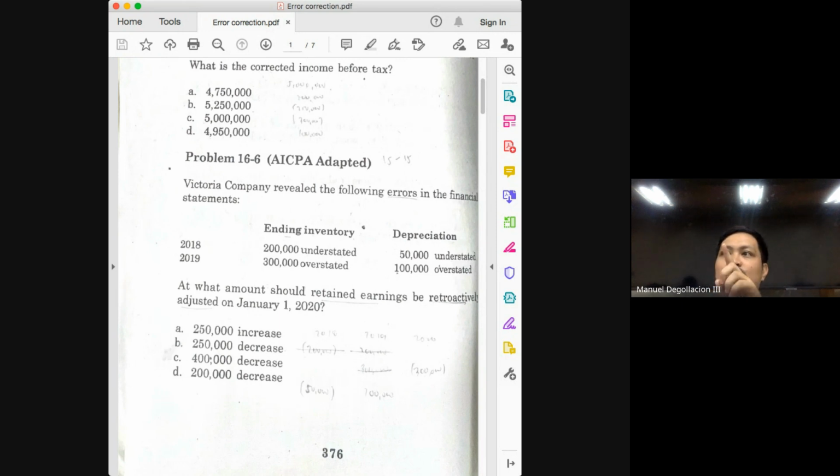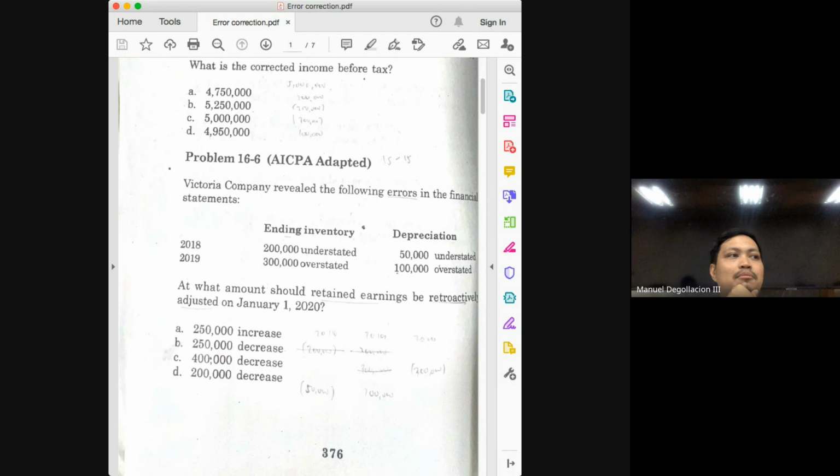Cost of goods sold would be overstated. And if your cost of goods sold is overstated, class, what would be its effect on your net income? If cost of goods sold, which is deducted from your revenues to solve for your net income, is overstated, what is its effect to your net income? If cost of goods sold is overstated, the net income would be understated.